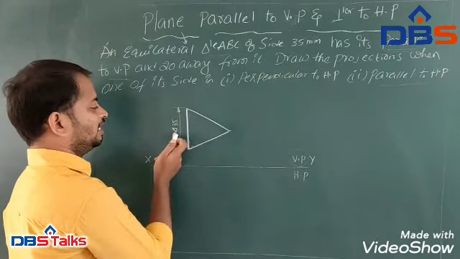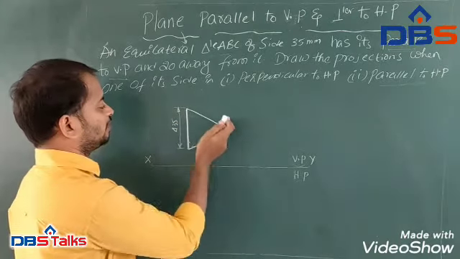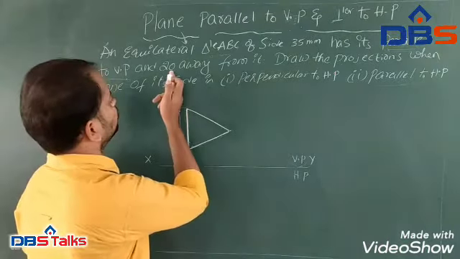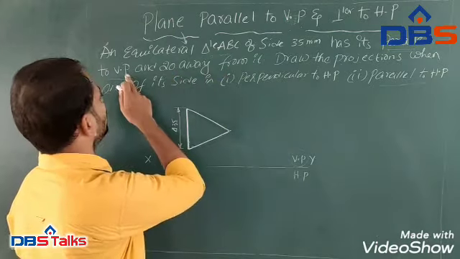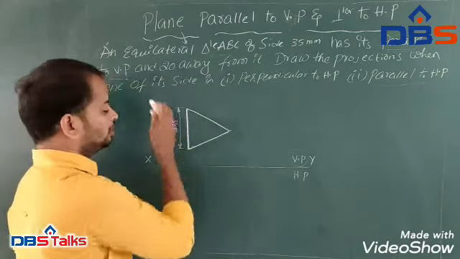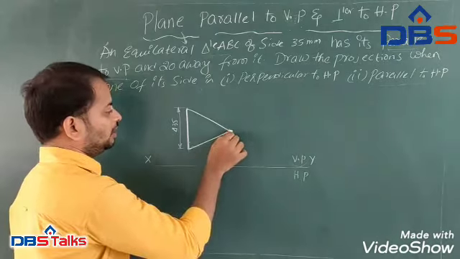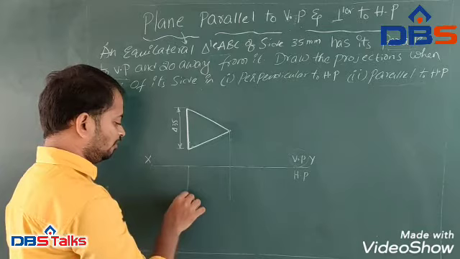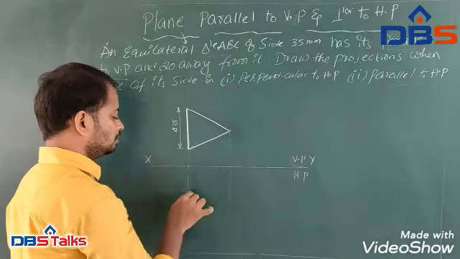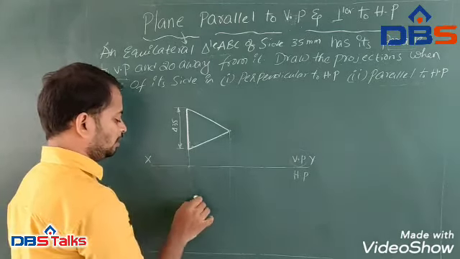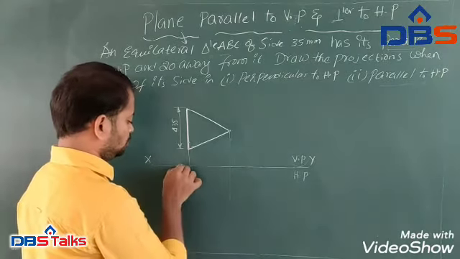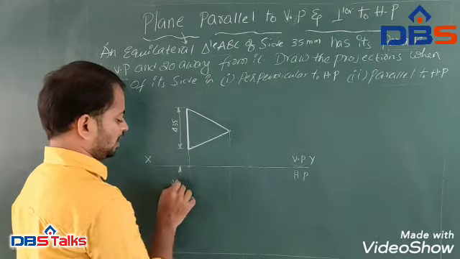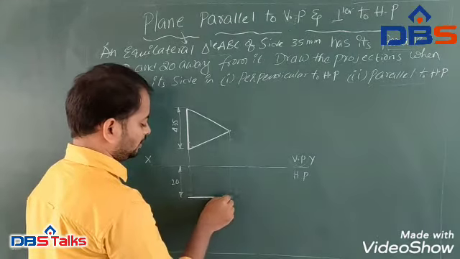That is triangle 35, meaning each side of the triangle is 35. Then one more condition: it is 20 mm away from VP, which means in front of VP. So draw a dimension of 20 mm from VP.